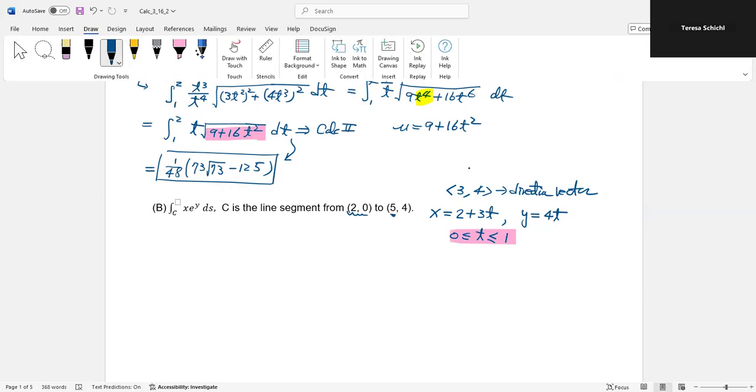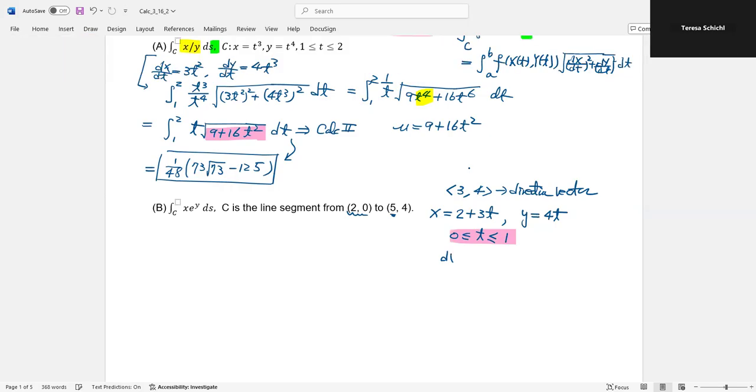We can just plug into my previous equation. dx/dt will be 3, then dy/dt will be 4.